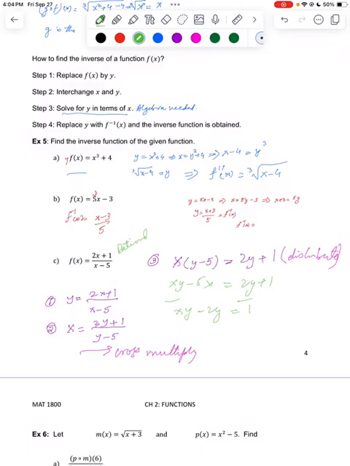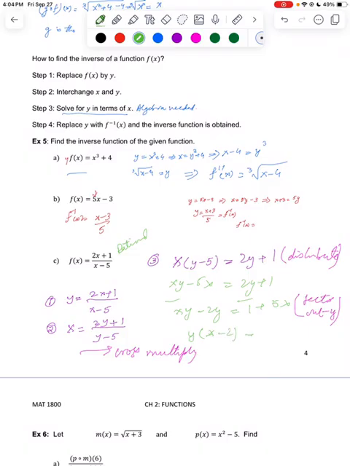Okay. So after this step, now you see on the left hand side we have two y terms. So what do we do? We factor out y. That is the next step, factor out y. And always with a rational function, this is what will happen. Factor out y. So we get y times (x minus 2) equals 1 plus 5x.